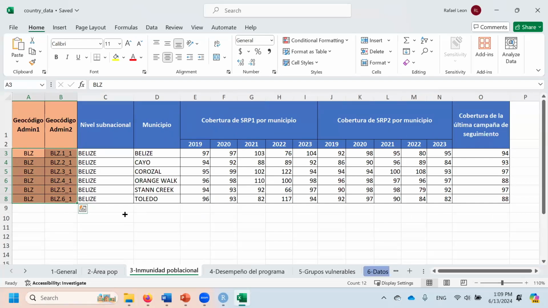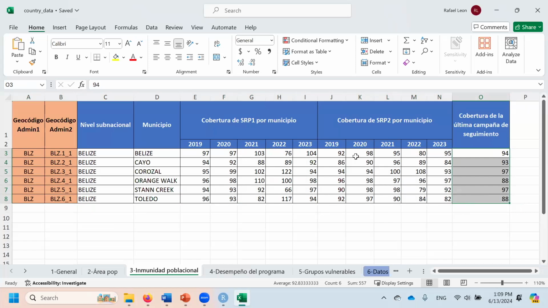On sheet 3, we will put in all of the data that we have related to population immunity, vaccination coverage for the first and second doses of MMR vaccine, and also MMR2, and the coverage of the last follow-up campaign conducted in the country.